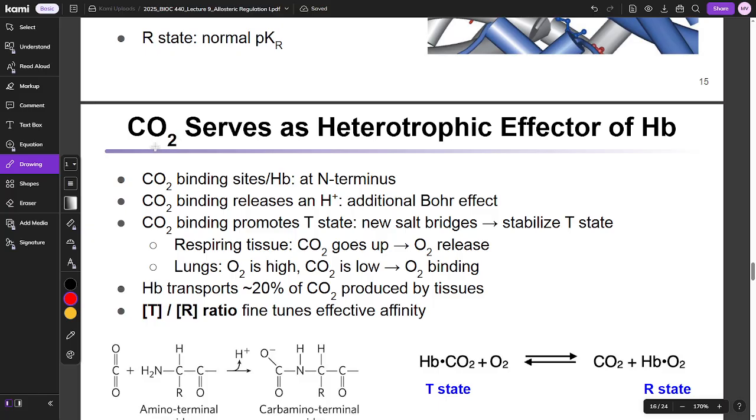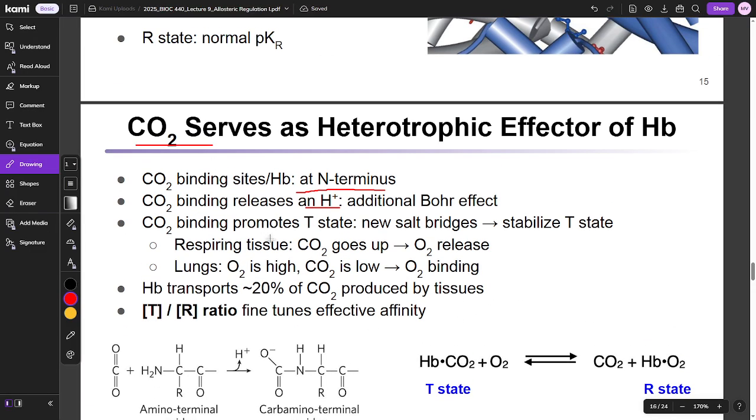The other one we can look at is CO2. CO2 also serves as an effector. The interesting thing about CO2 is that it actually binds at the N terminus of these chains, of these different subunits of the protein, and it releases an H plus.